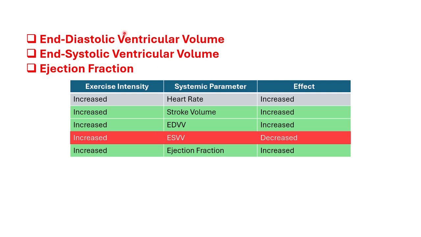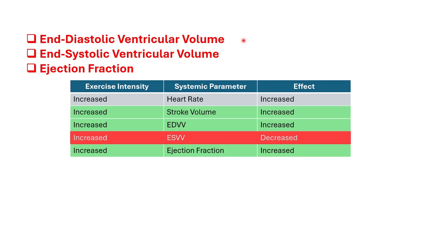And we know that ventricles are the ones responsible for contraction and relaxation. So if we put those all together, end-diastolic ventricular volume refers to the amount of blood that has remained within the ventricles after diastole, after relaxation.